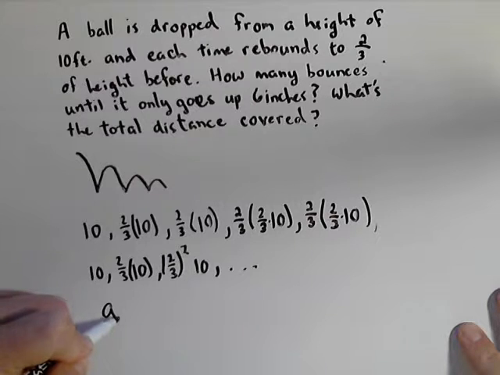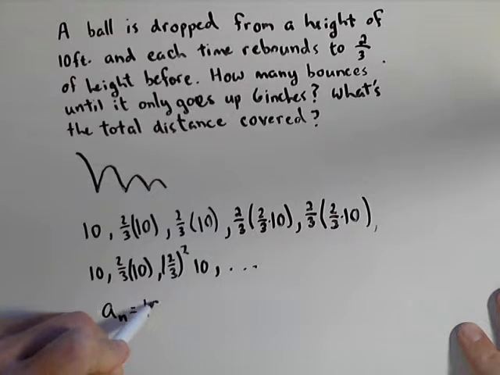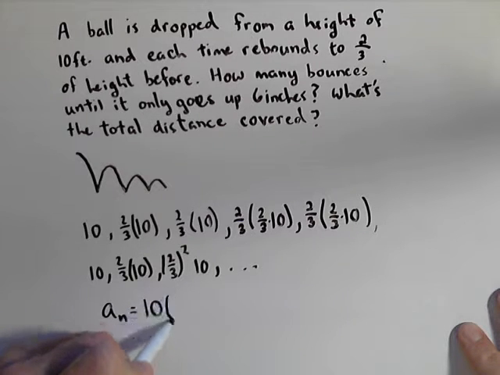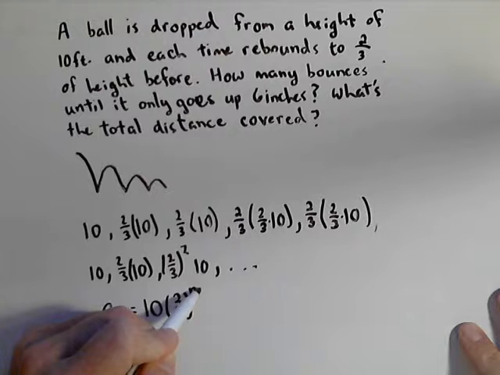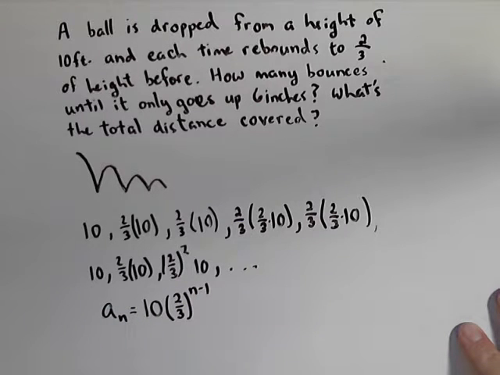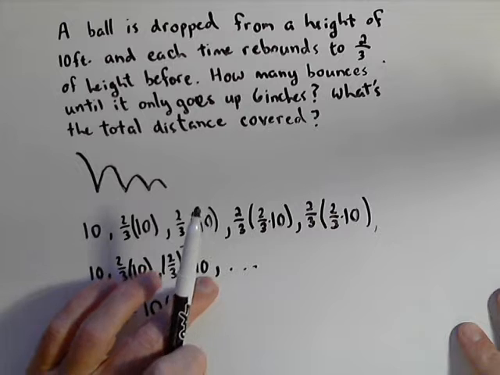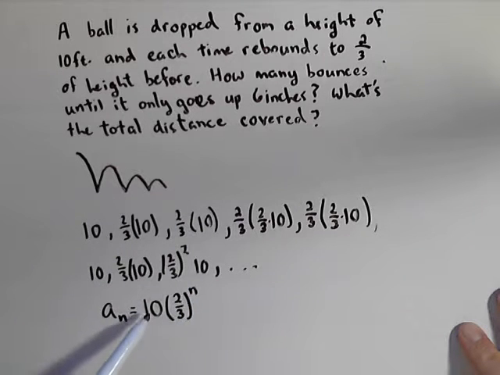So A sub n is going to equal how high we go on our first bounce, 10 times 2/3 to the n minus 1. Now let's do it to the n, because when we have no bounces it's 10. At one bounce it's 10 times 2/3. So this will give us basically the height of any given bounce.